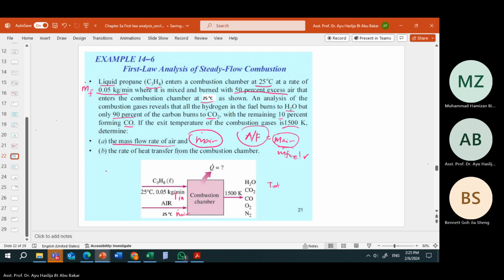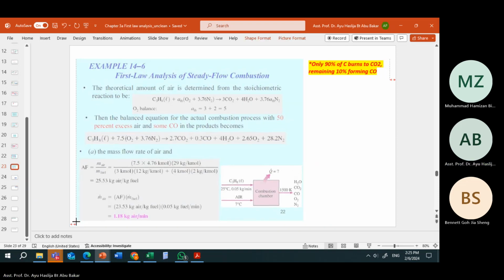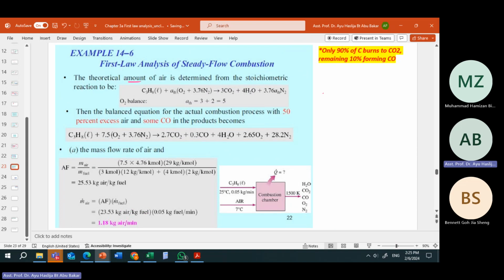First thing, always generate the combustion equation. Okay, we go for the Stoic first. Boleh. Okay, we go for Stoic equation, where you should find the A from the equation, the A equals x plus y over 4.